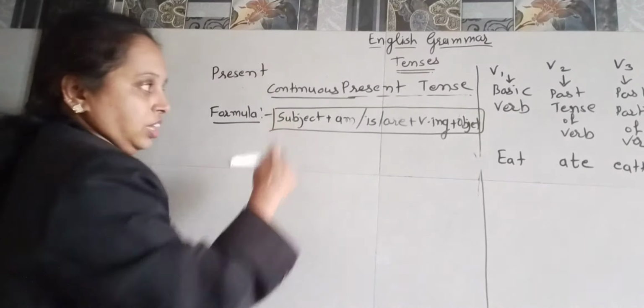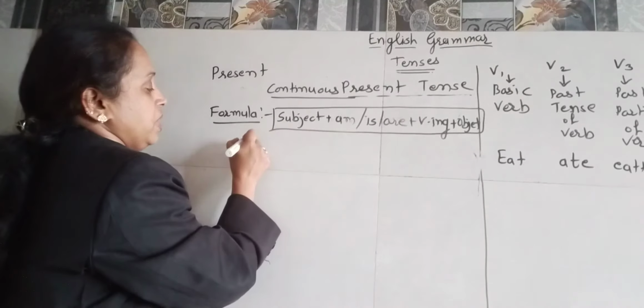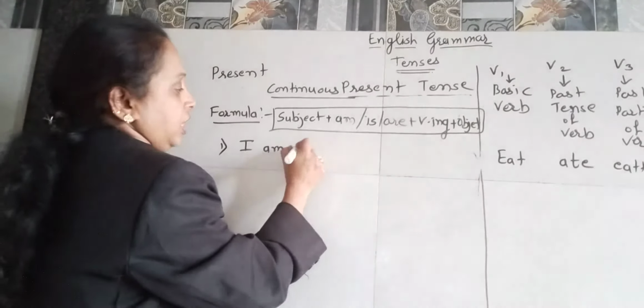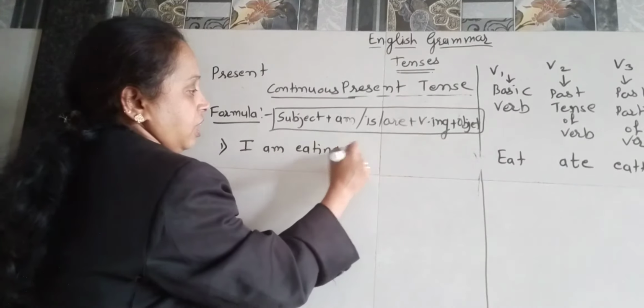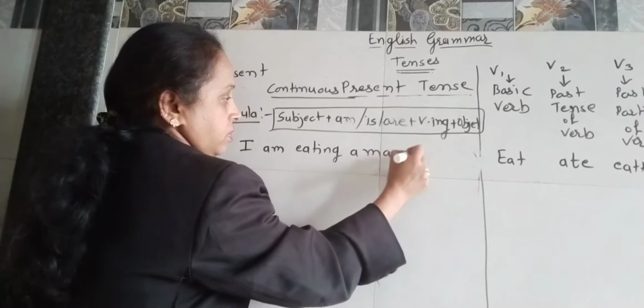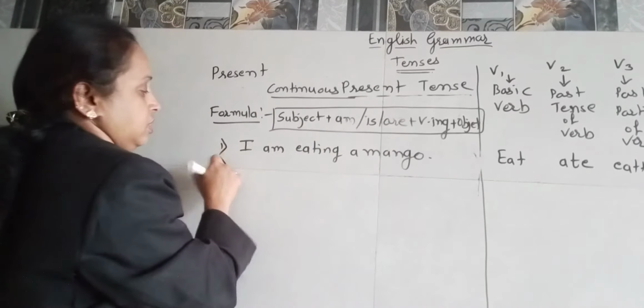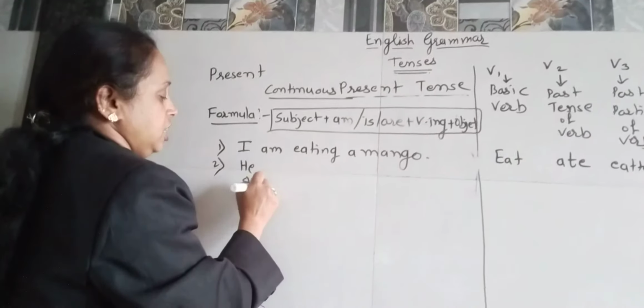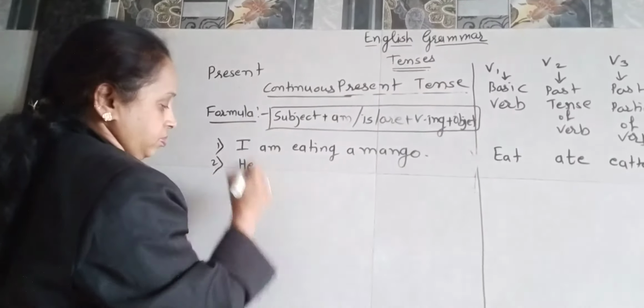So how will we make the sentence in the present continuous tense? I am eating a mango.